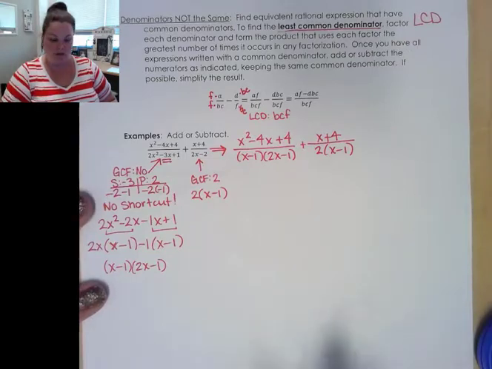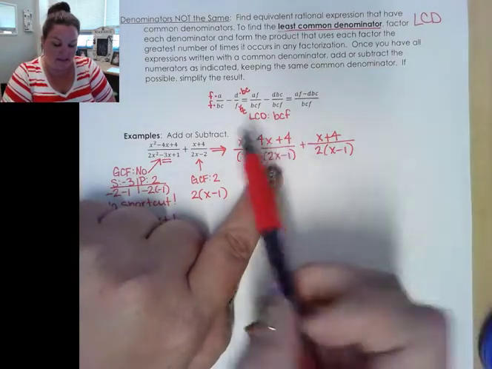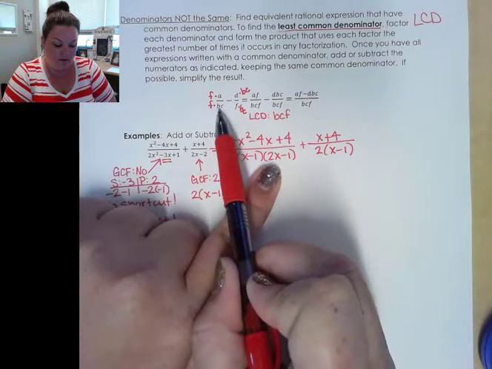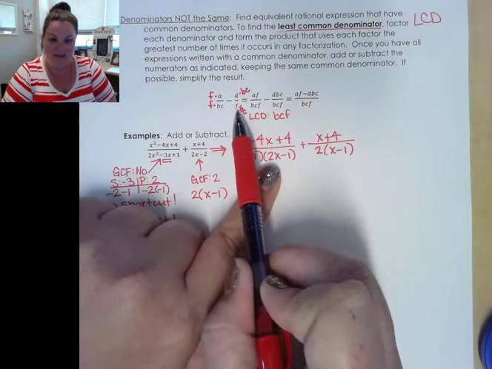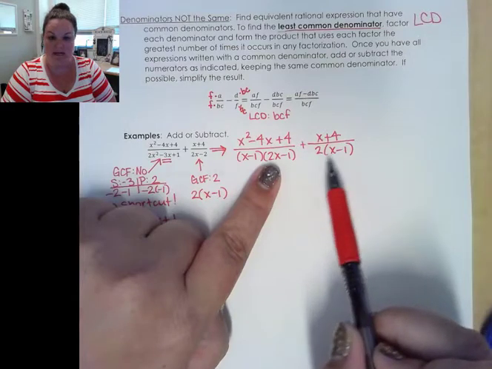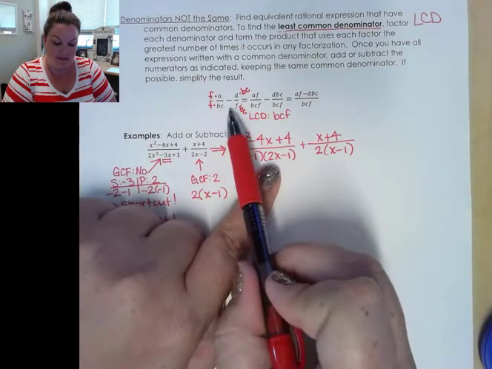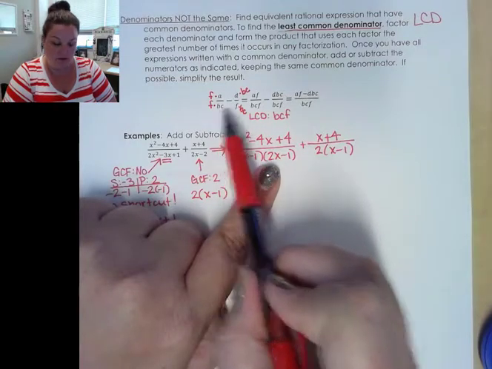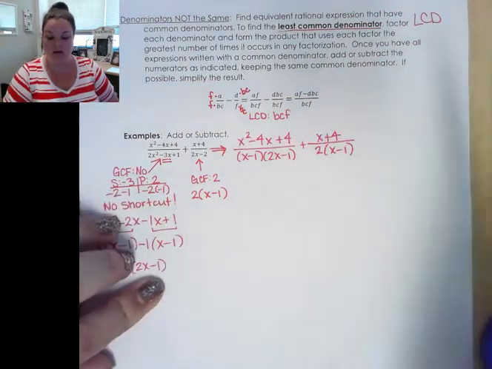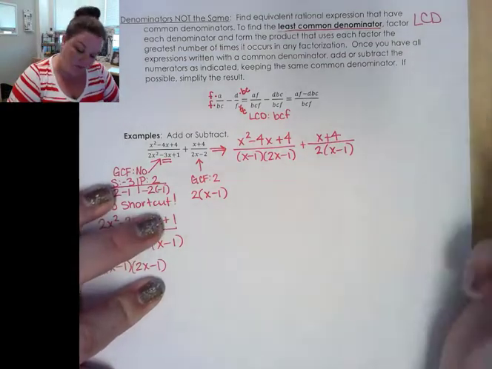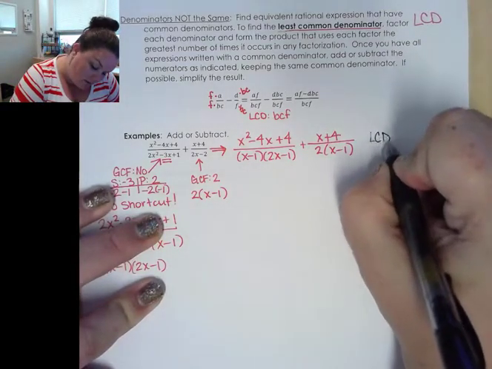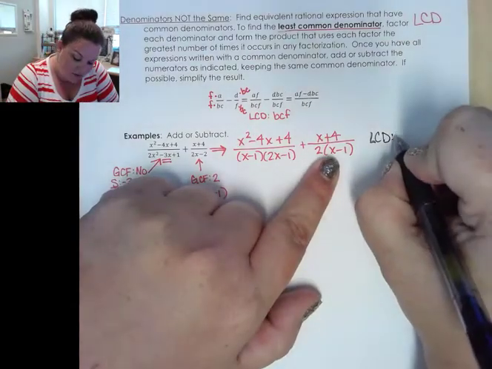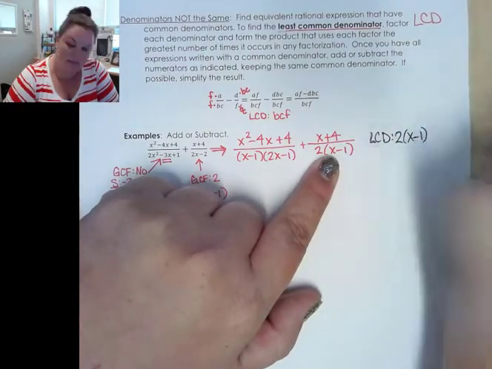Now we are at this stage of being able to see the two factors from the first term and the two factors from the second term. Just like my example up here, I need each factor from each denominator to be a part of my least common denominator. For the second term to show up, I need a 2 and an x minus 1.